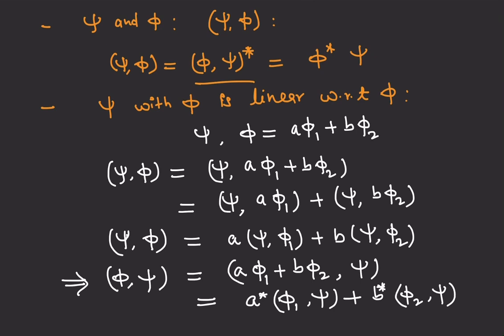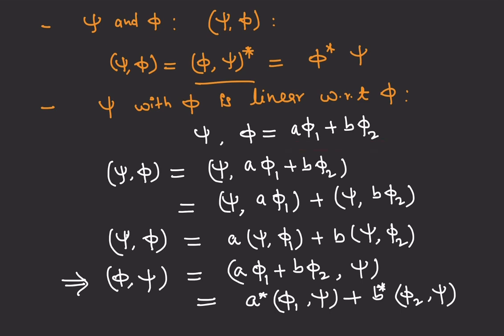So you can see that this is different from the previous one. That is, if we change the sequence of phi and psi, the linearity property vanishes and it becomes nonlinear. That is, the scalar product of the Hilbert space is strictly linear in phi if phi is written as a phi 1 plus b phi 2.